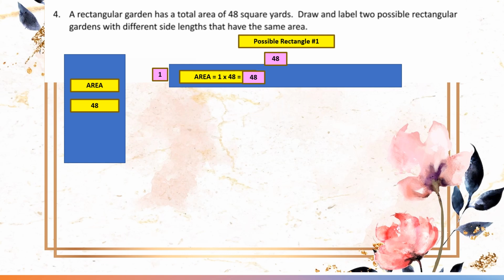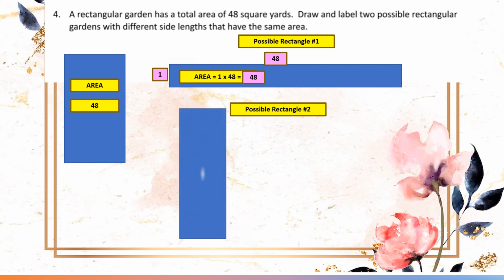Now let's look at possible rectangle number 2. All right, so I started with my factor of 1. 1 times 48 equals 48. And so now I'm going to work on my possible rectangle number 2. Let's draw that in.